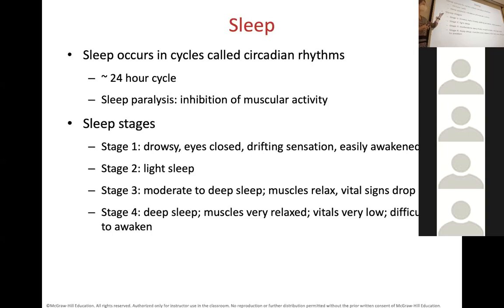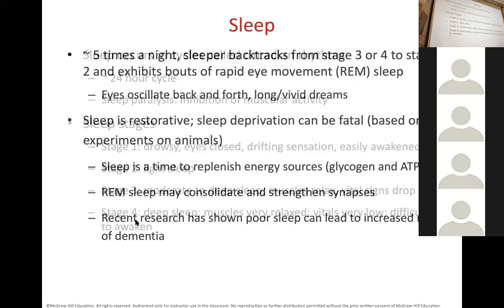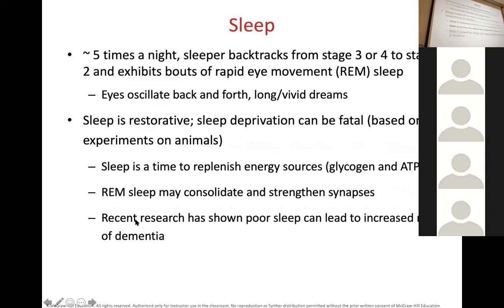We go through these stages, stage 1 down to stage 4, but then we'll backtrack a little bit as we're asleep. So from stage 4, we'll backtrack into stage 2 or 3 about 5 times a night. That's when you undergo what's called rapid eye movement or REM sleep, which I think most people have heard of.